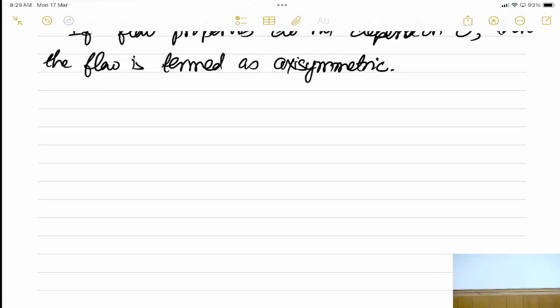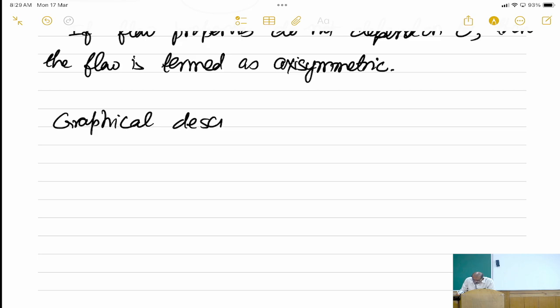So after this, let's try to see graphical description of flow.